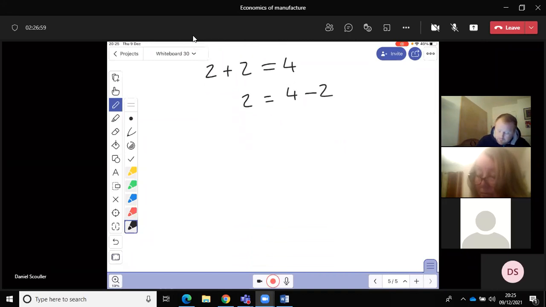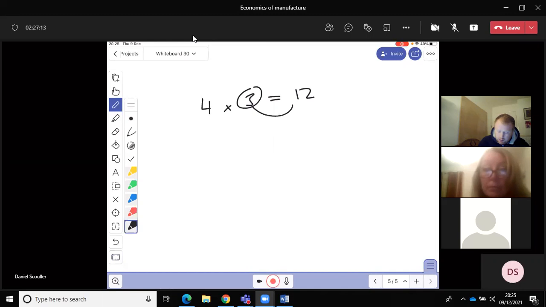Okay, how about when we do the multiples? With multiples, 4 times 3 equals 12. We know that. It's as simple as it comes. Okay, if we want to move this 3 across, it still needs to make sense.